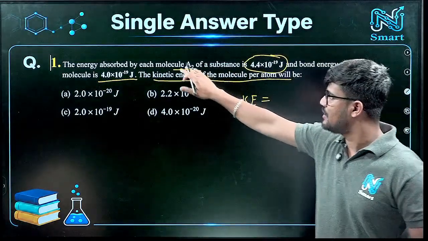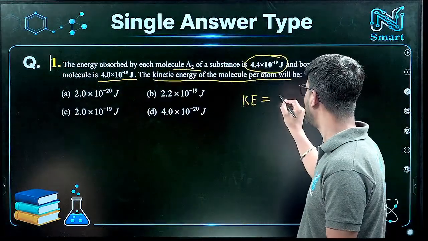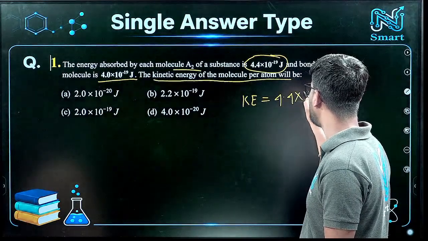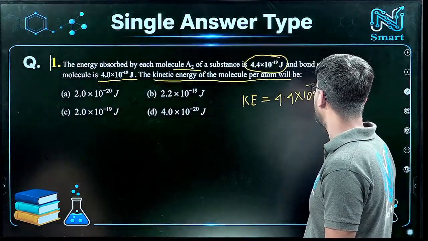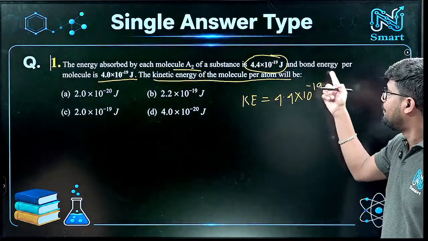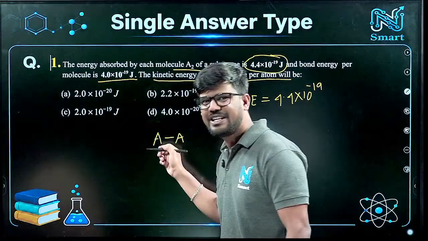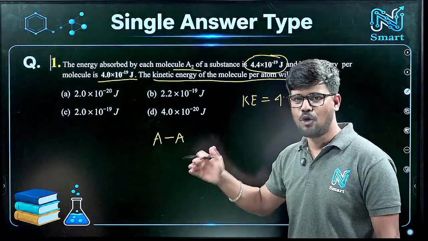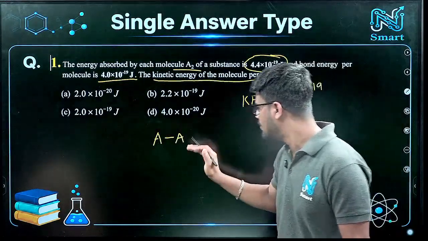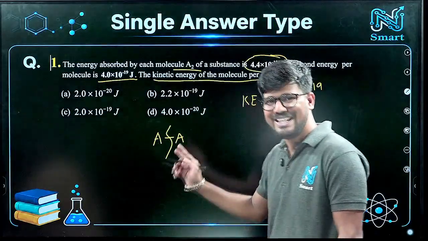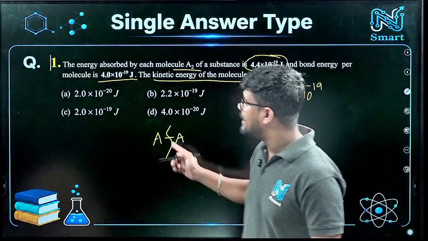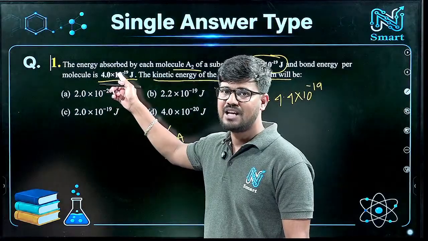Total energy which is absorbed, which is 4.4 into 10 to the power minus 19. Next, bond is there now. For example, A and A, some bond, it can be 1 bond, 2 bond, 3 bonds, any bonds will be there. So means to break this bond, it needs some energy, right? ये कितना energy है? ये 4 into 10 to the minus 19 joule.